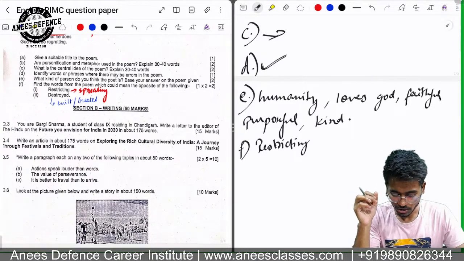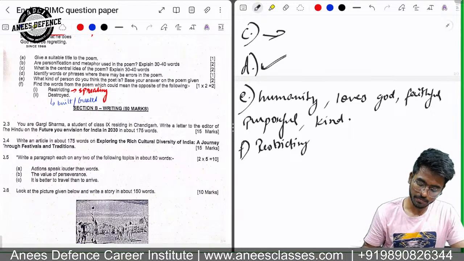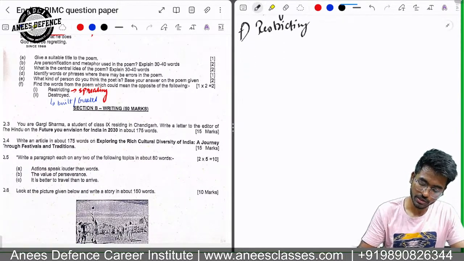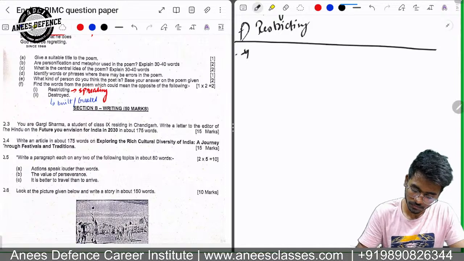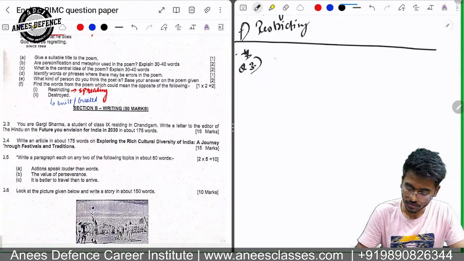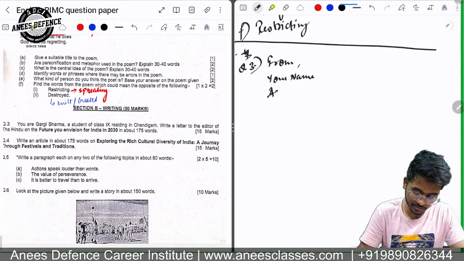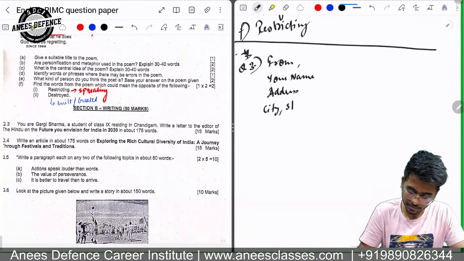So how would you start? You'll start by structuring your letter first. You'll write your name over here. On the left hand side, you'll write from, comma, your particular name, then your address, then your city, state, and your pin code.